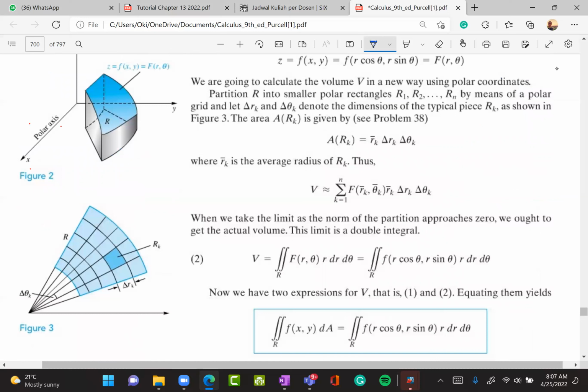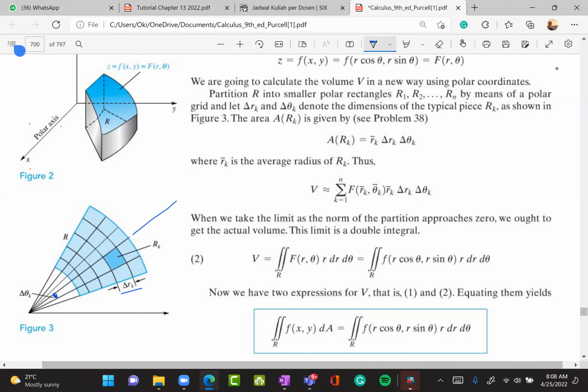When you do the partition in this rectangle, this is how you partition r. So this is delta r, and this is delta theta. What's a little bit weird here is that, because this is radial, delta theta may be the same here, but this looks small, while the arc here must be quite big.